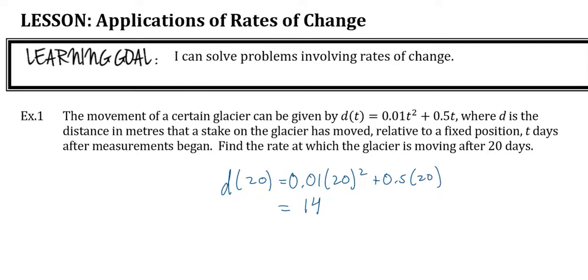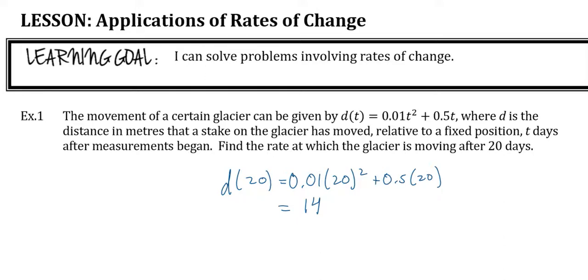That might be something that you want to know. Might be relevant, might be important, depending on what you're studying this for. So that is still something you could do: find average rates of change by looking at particular points. That one was from 0 to 20.